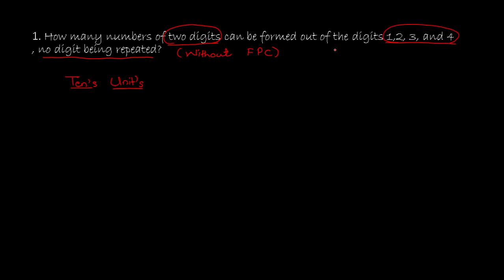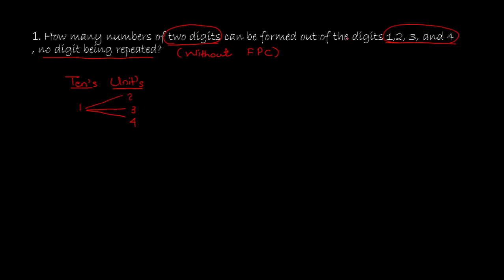Firstly, I choose one of the digits from the given 4 digits. If I choose 1 for the tens digit, I can't use 1 in the units place, so I can choose 2, 3, and 4.